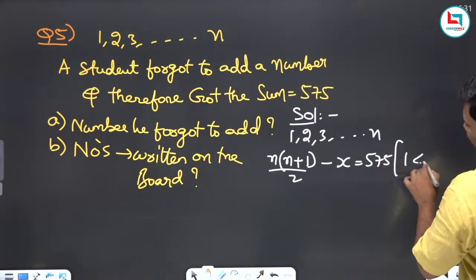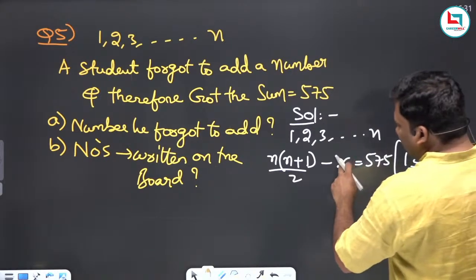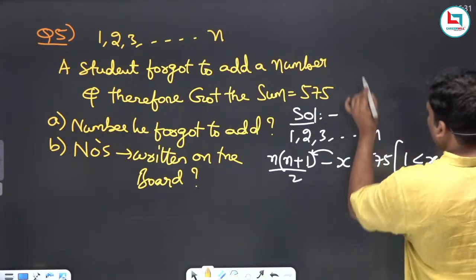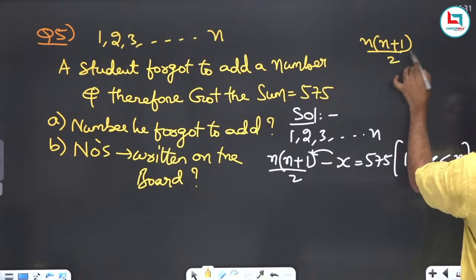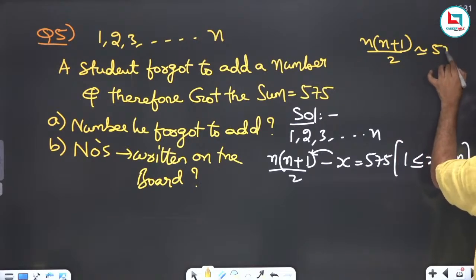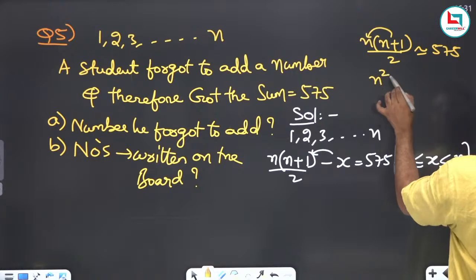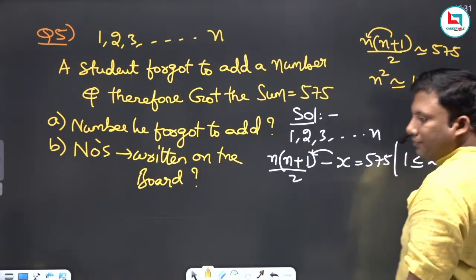The number which he forgot will be anywhere from 1 to n, so 1 is less than or equal to x which is less than or equal to n. x is very small compared to n into n plus 1 by 2. So n into n plus 1 by 2 is close to 575. n plus 1 and n are consecutive numbers. n square is close to 1150.